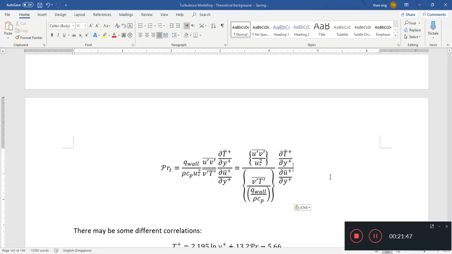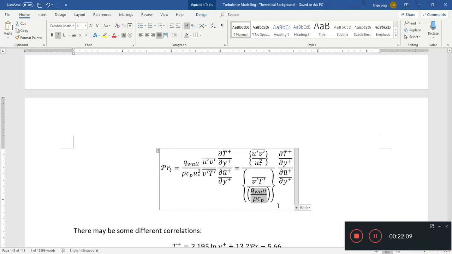Again, we will have this thing over here compared to this thing over here: the fluctuations in the momentum as compared to the friction velocity, and the fluctuation in the temperature as compared to some thermal diffusivity kind of quantity.